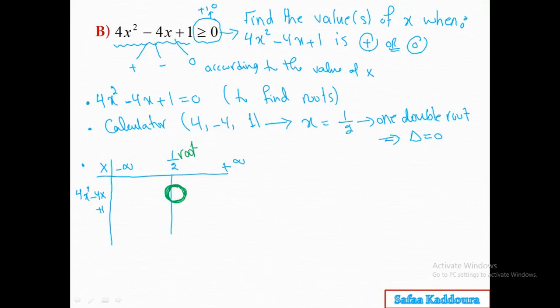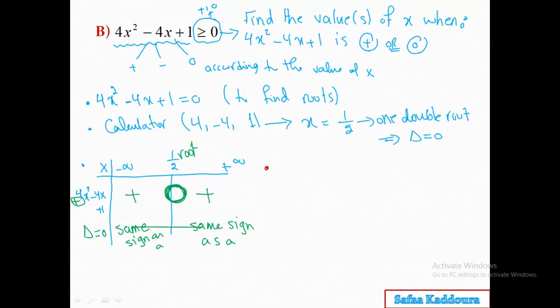Here delta equals 0. So the table: same sign as A, and here same sign as A. What is the sign of A, the coefficient of x squared? It is positive. The table gives me these signs and 0.